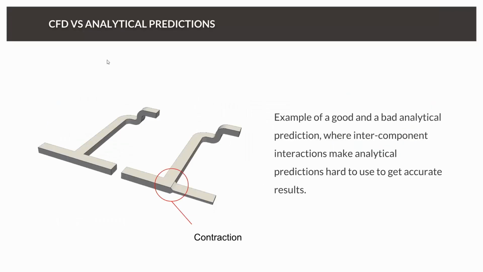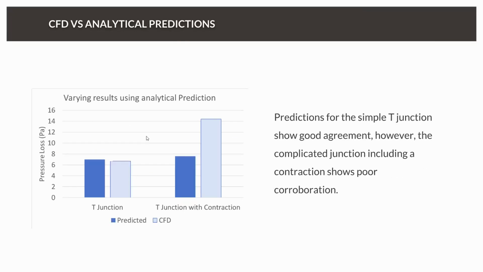So, again, this is what I told you about, the example between a good and a bad analytical prediction. And whenever we have strong intercomponent interaction between the different segments, our analytical prediction will not be very accurate, and there it's a very good point to start with CFD.